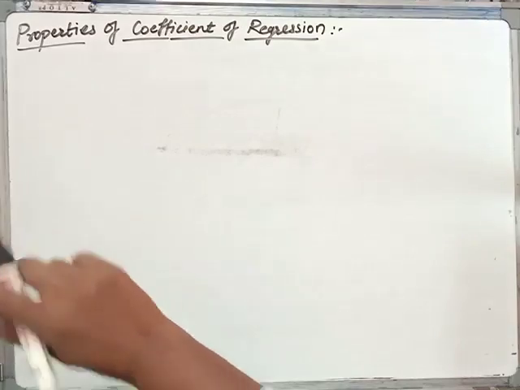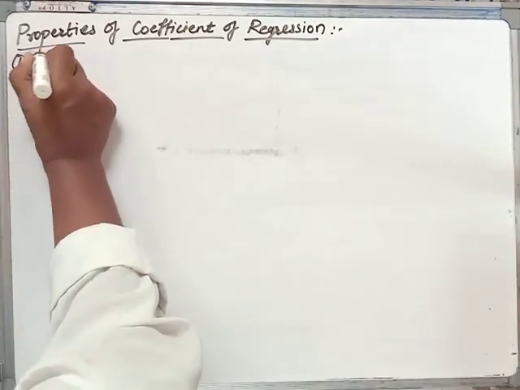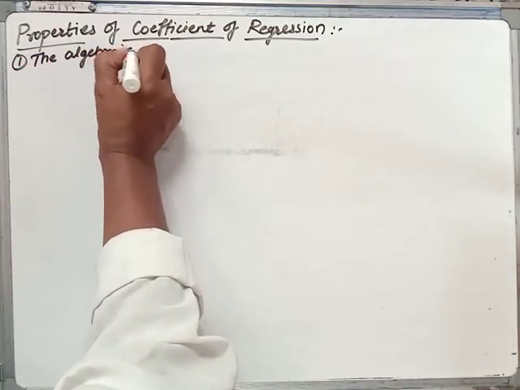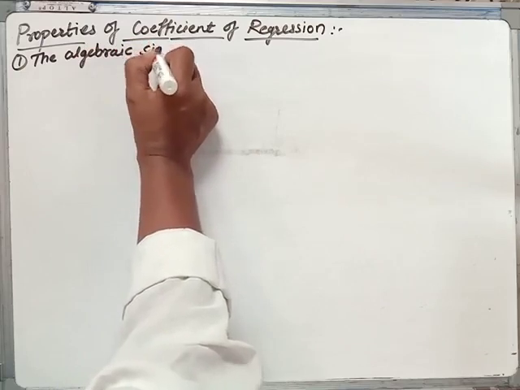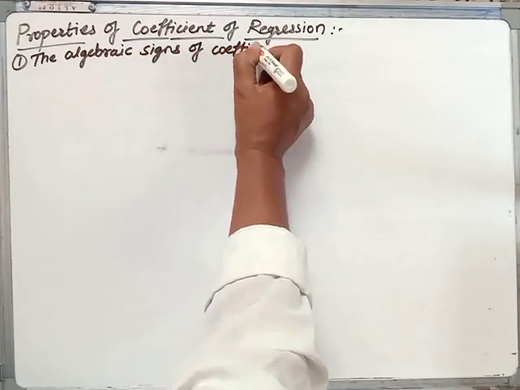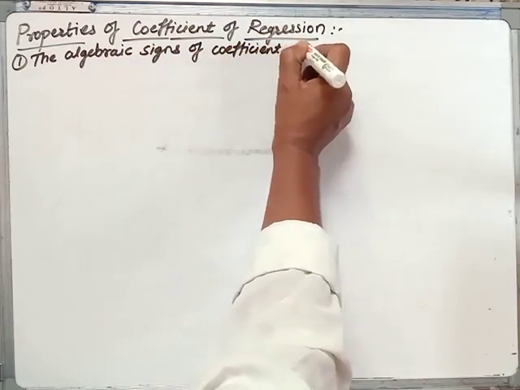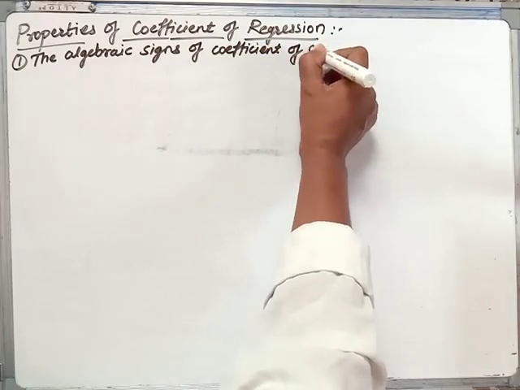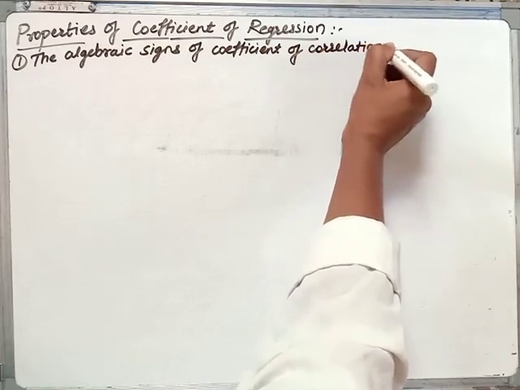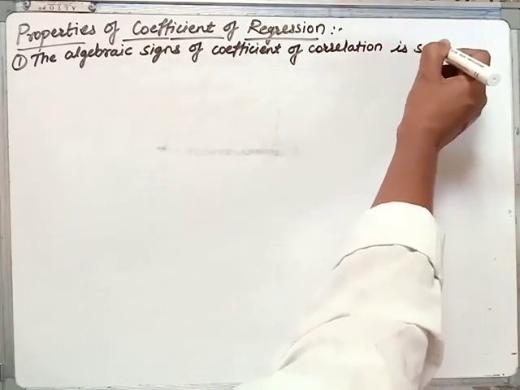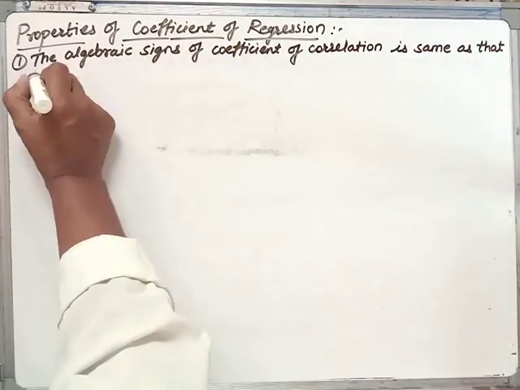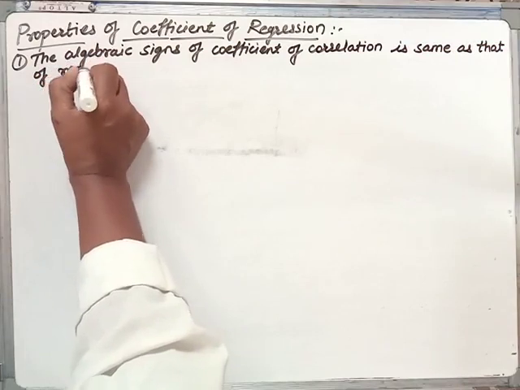Properties of coefficient of regression. So first one, the algebraic sign of coefficient of correlation is the same as that of the regression coefficients.